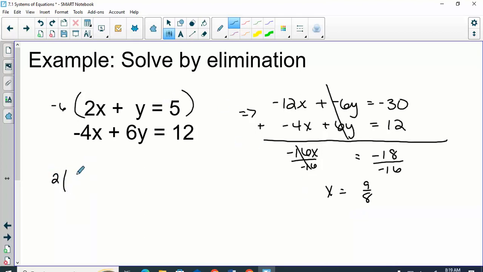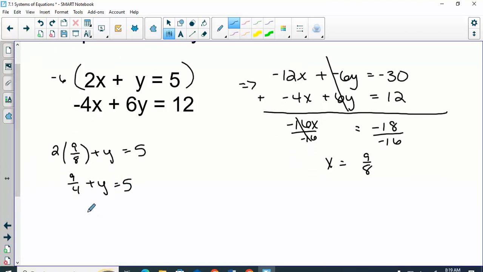So 2 times x, which is 9 over 8, plus y equals 5. Okay. And then we subtract that 9 over 4 over, and we get 11 over 4.